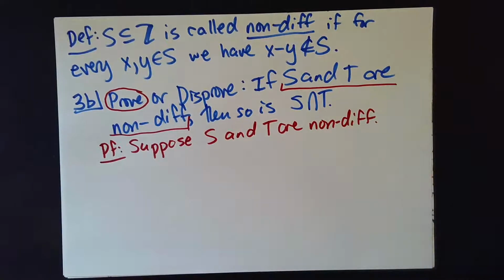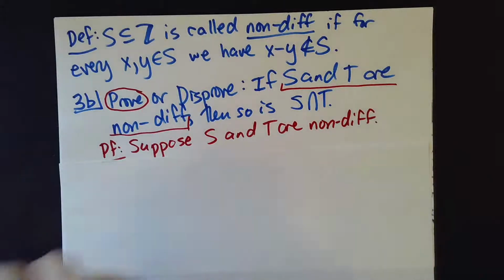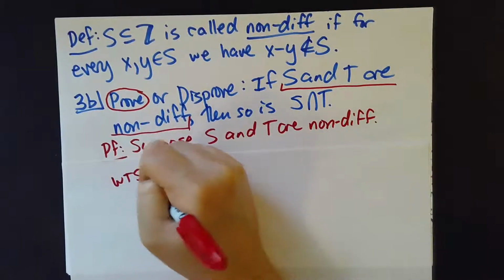So I'm going to do this on a sheet of scratch paper just so that I can keep this proof clean, like it would actually get written up. So what do I want to show?